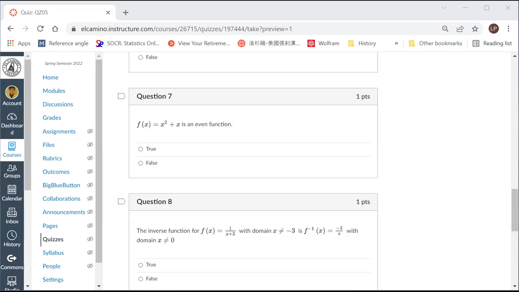These two are different. What's the difference? The difference is negative x squared.